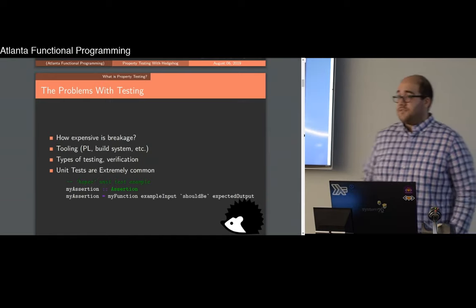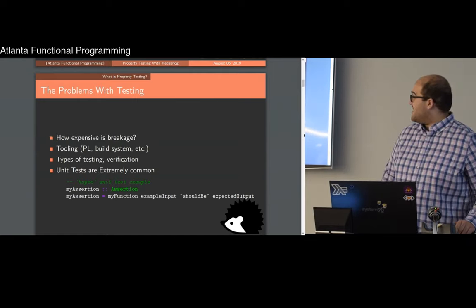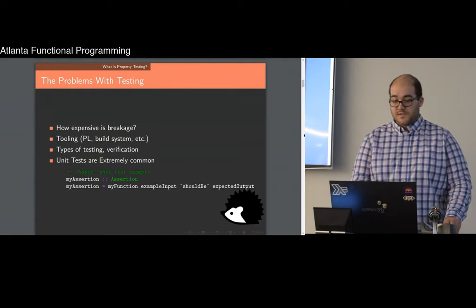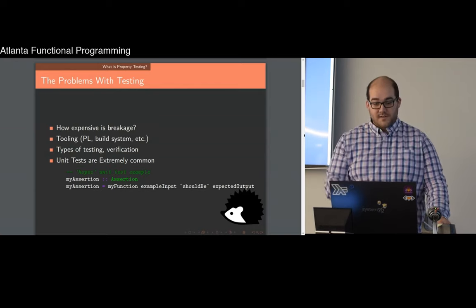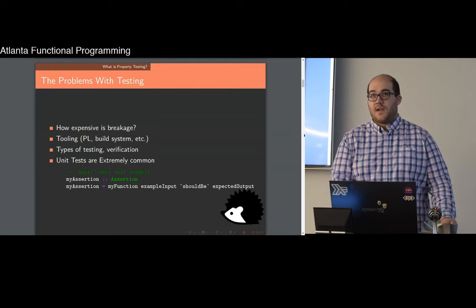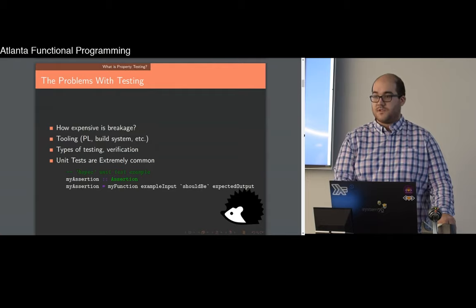I often like to explain things with motivations for why they should exist, and I like to start with motivations. So let's look at a problem with testing. Often when you're testing software, you have to determine how expensive it would be for this code to break.